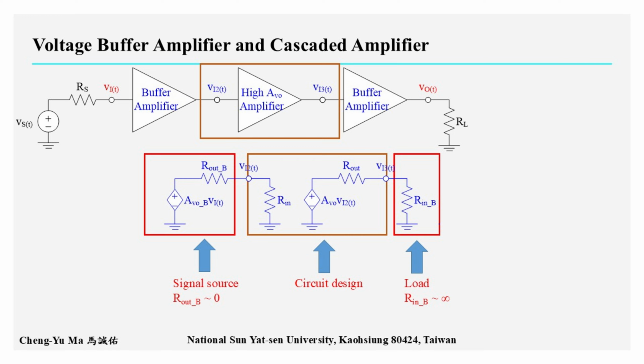Therefore, if the designers of the previous stage circuit and the next stage circuit are highly skilled, and their circuits have input resistance close to infinity and output resistance close to zero, then when you design your circuit, the signal source resistance you see, which is the output resistance of the previous stage circuit, will be zero. The load resistance you see, which is the input resistance of the next stage circuit, will be infinity.